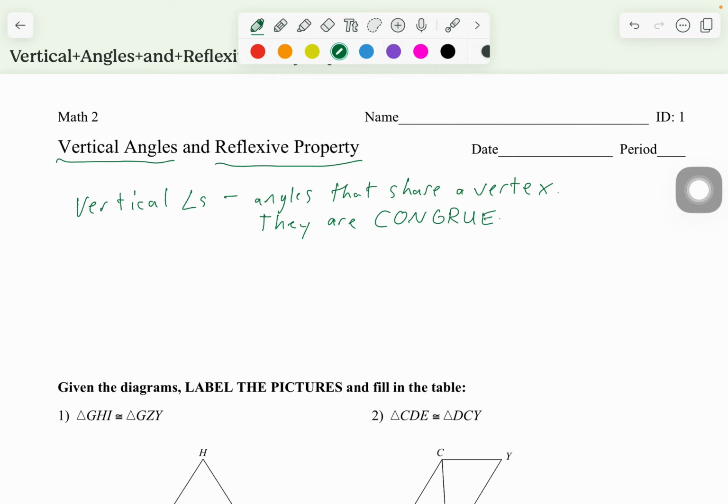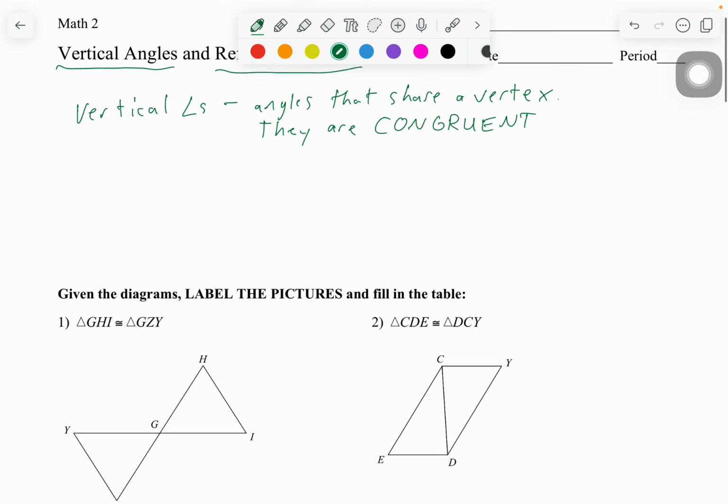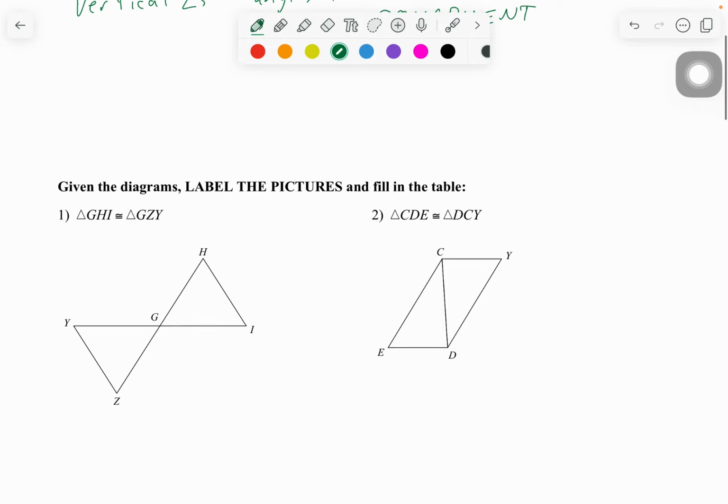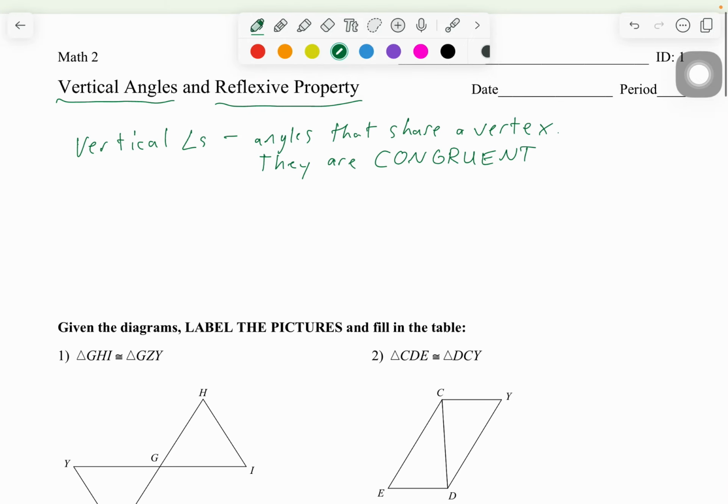So that means they're always the same. And so this context is, when we did those little mini proofs last unit, you're going to see two mini ones on the test. They're just one line. You just have to recognize and show where the vertical angles are.